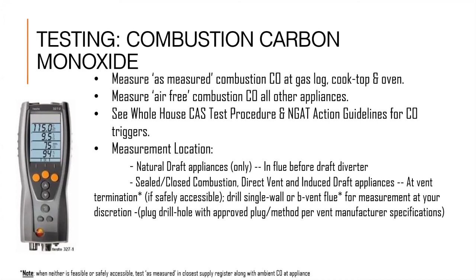If you can't get on the roof to sample a vent termination, one option is you can drill a hole in the vent, and that's kind of on you as a contractor. And lastly, at the bottom, you can see that if none of this is feasible, you can actually take an as measured reading at the closest supply register, and that could also count.